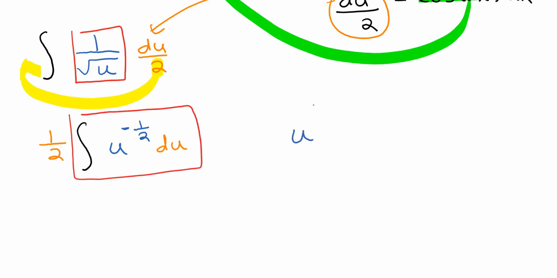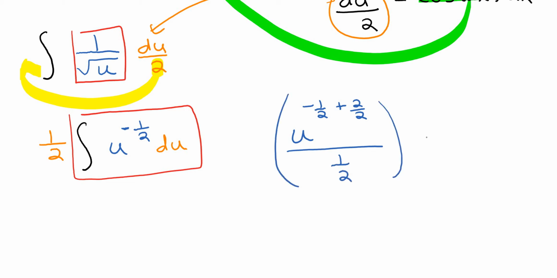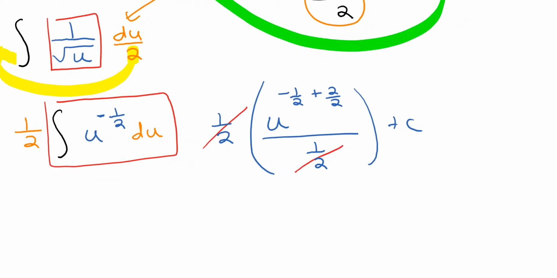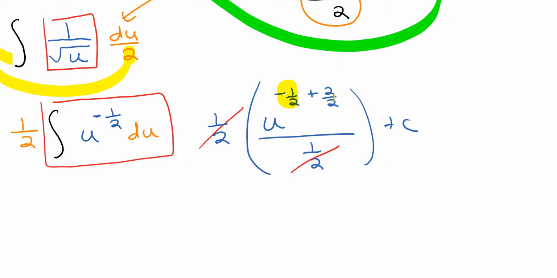So this is going to be u to the -1/2 plus 1, which is 2 over 2, and that's going to be 1/2, so I need to divide by 1/2 on the denominator, plus c, and then the 1/2 remains over here. Okay, and after doing some algebra here, the 1/2s can just cancel off. And if I add -1/2 plus 2 over 2, that's going to be just positive 1/2. So u to the power of 1/2 plus c.